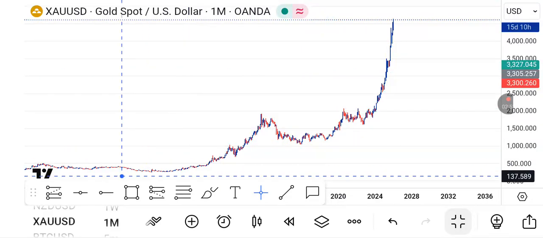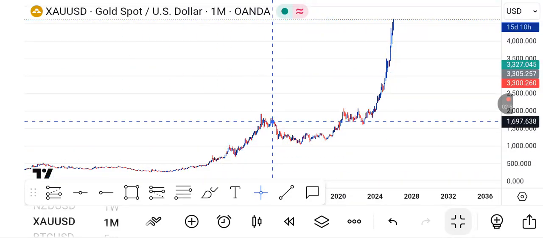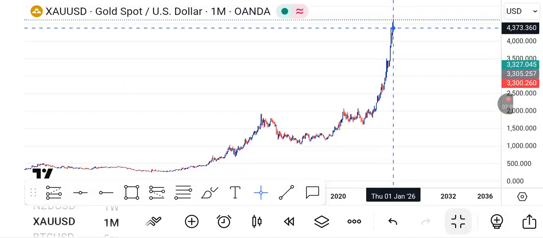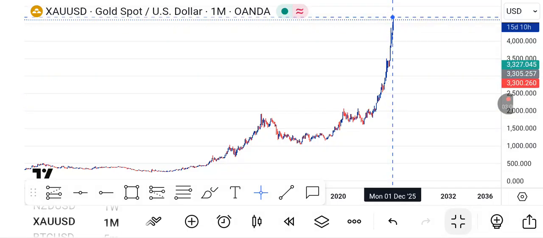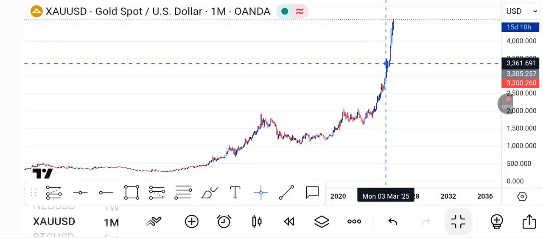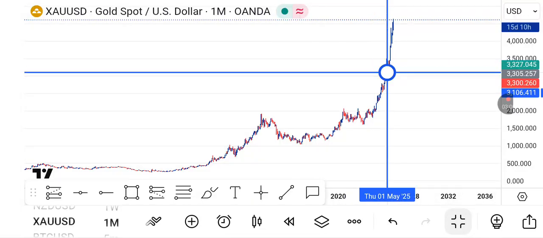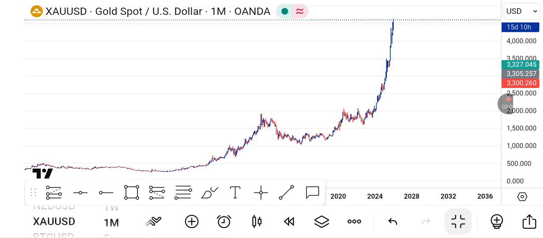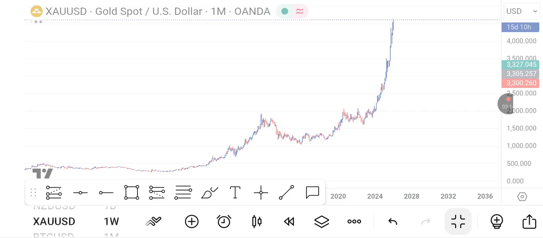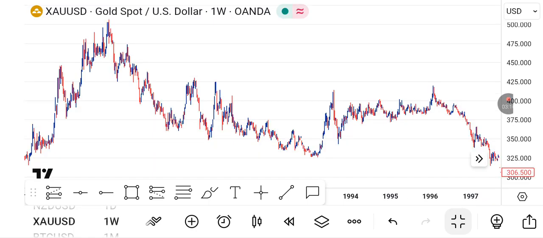This is how it started from the beginning, moving up to this high. So now, since there is nothing around this area, what I will do is go to my weekly and daily for a further view, to check what is happening there.